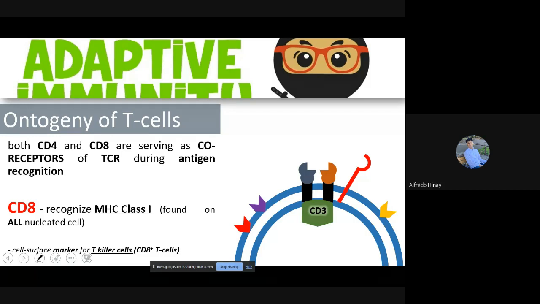Partnership ng CD4 to class 2, then CD8 to class 1. All your immune cells na merong nucleus express your class 1. Okay? So, pag abot na sa major histocompatibility complexes, you will determine how the cells will try to check using your expression of your class 1 and class 2. Then the cell surface marker for T killer cells are CD8 T cells.